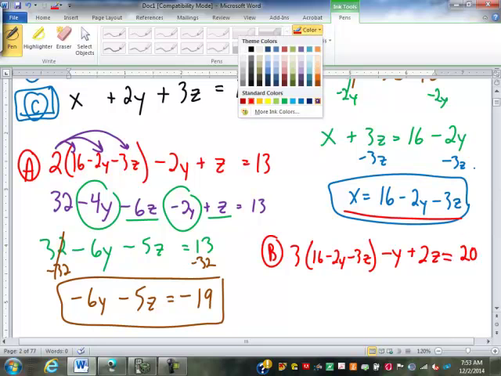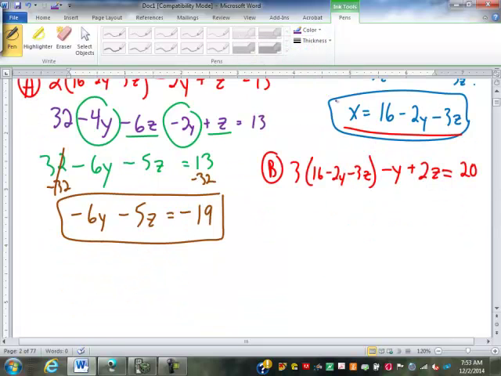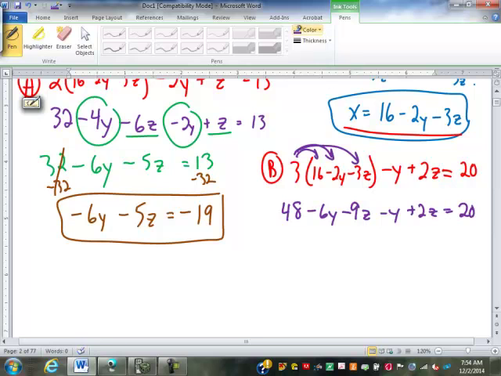Now again, we've got some work to do here. 3 times 16 is 48. 3 times the negative 2y, negative 6y. 3 times negative 3z, negative 9z. Then you've got a negative y, positive 2z, equals 20. So the 48 doesn't change.